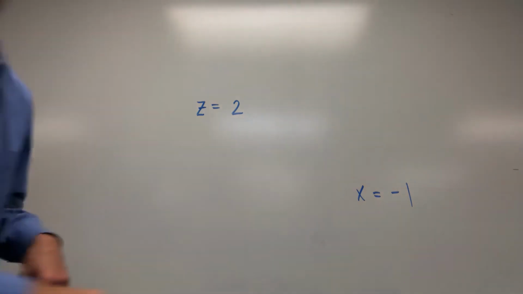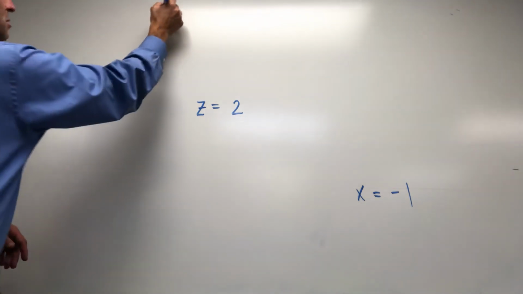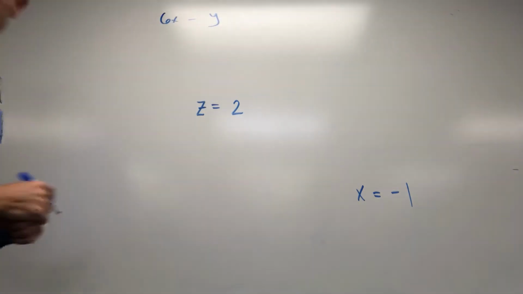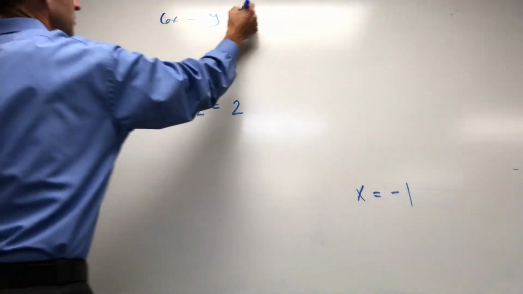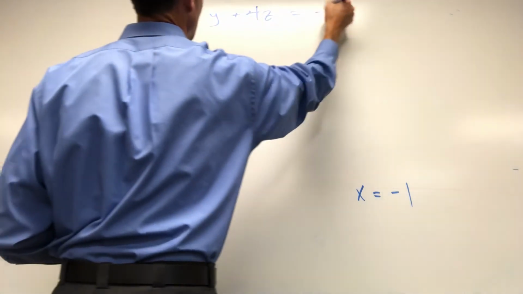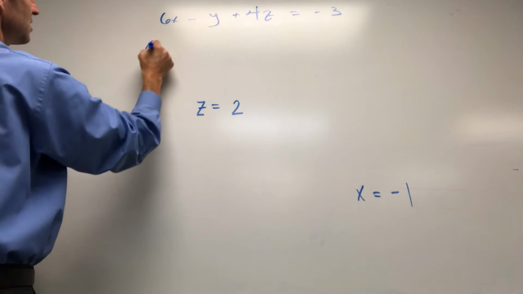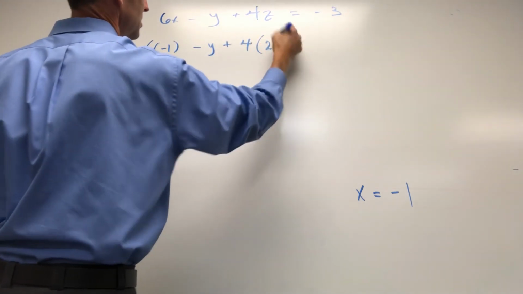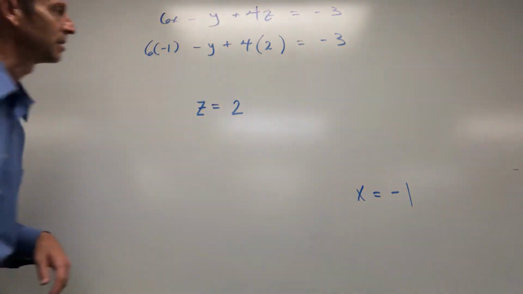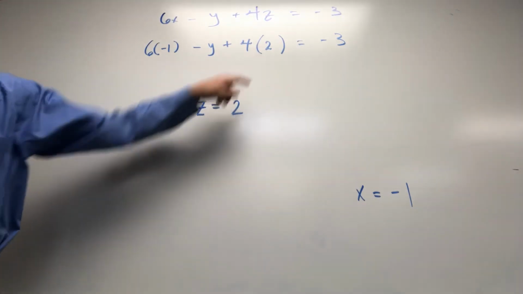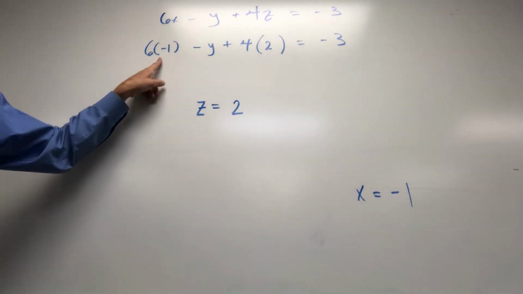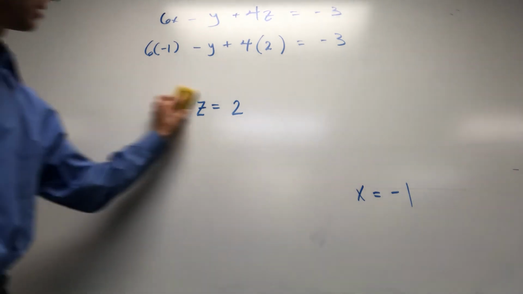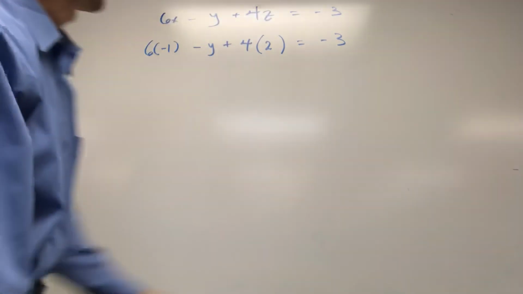Okay, let me get my very first equation, 6x minus y plus 4z equals negative 3. So 6 times negative 1 minus y plus 4 times 2 equals negative 3. So we're plugging in z equals 2, we're plugging in x equals negative 1. We can get our answer for y, and we're in business.